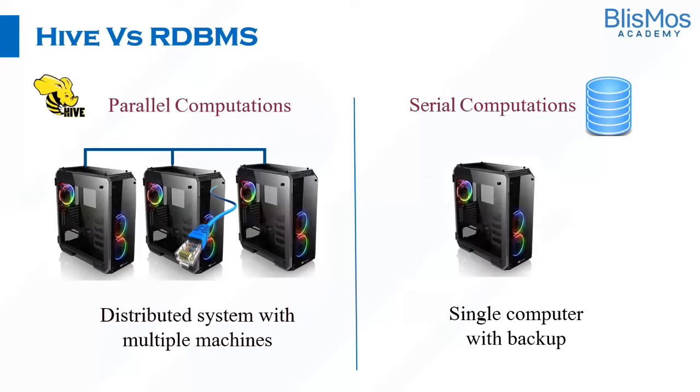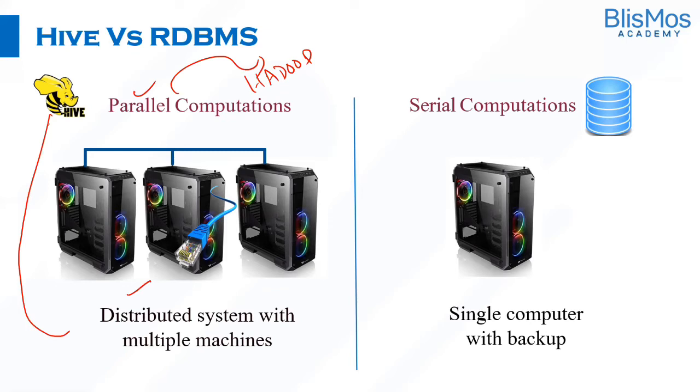As we know, Hive is a part of the Hadoop ecosystem. Hive intrinsically does the parallel computation because it is a part of the Hadoop ecosystem. Hadoop ecosystem is a system for distributed storage and distributed processing. Since Hive is a part of the Hadoop ecosystem, it does distributed processing across the multiple machines.